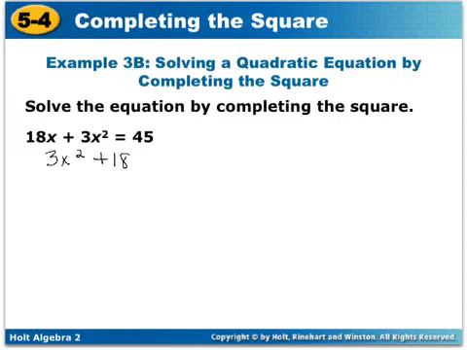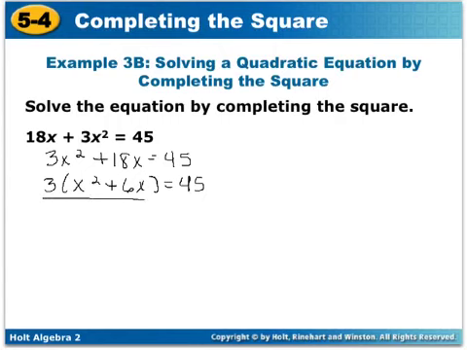We need to put this in standard form first. And if you remember, in the rules you wrote down, the a term has to be 1, so I need to factor a 3 out of this. And then if I divide both sides by 3, my math gets a little easier.